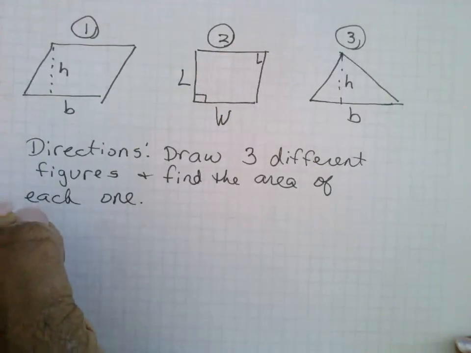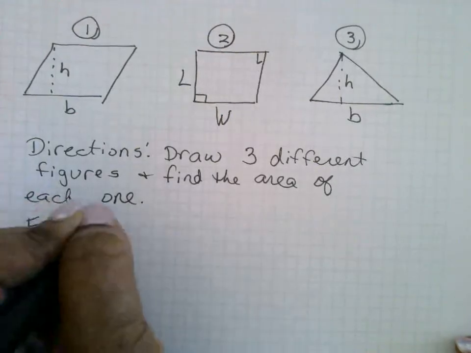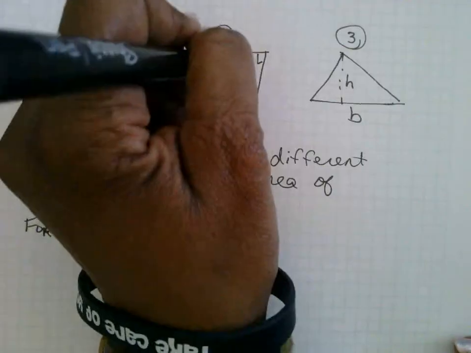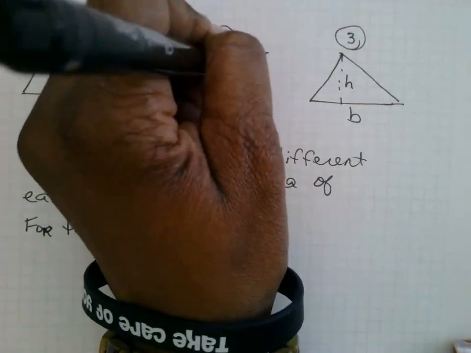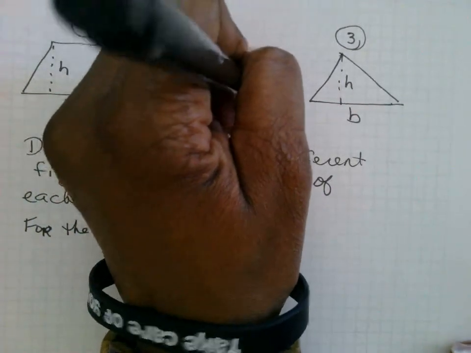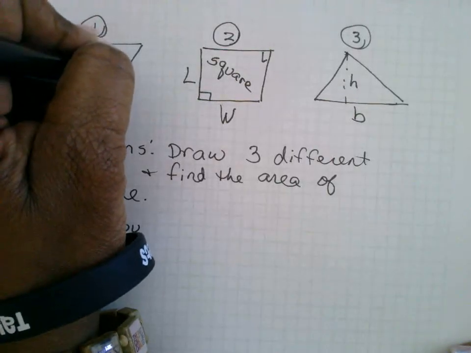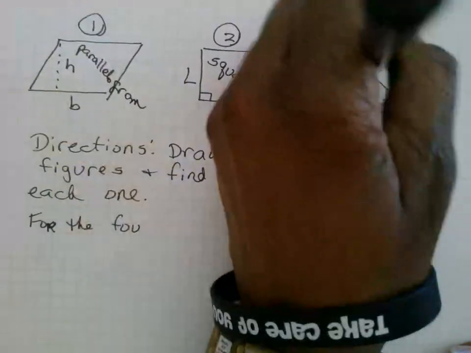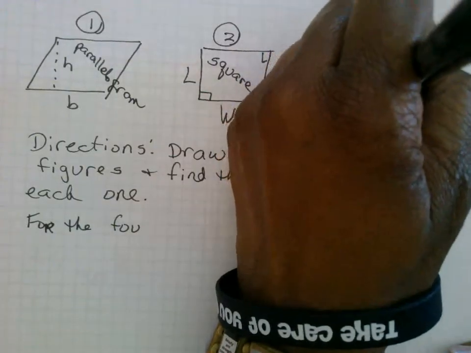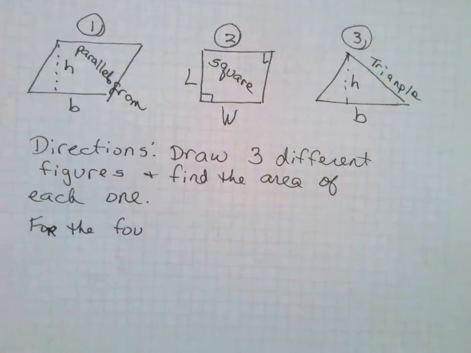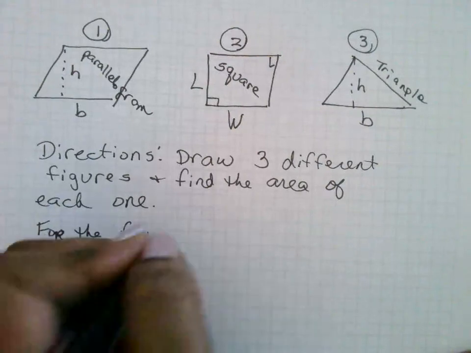Let's make this a square. Make this a parallelogram. And this is a triangle. Those are the 3 that you're drawing on the front and finding the area.